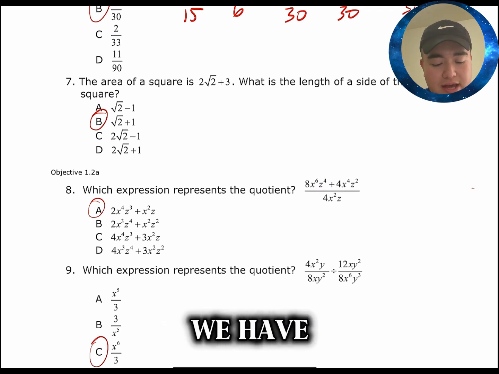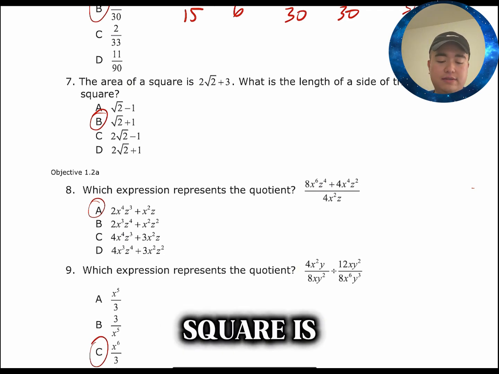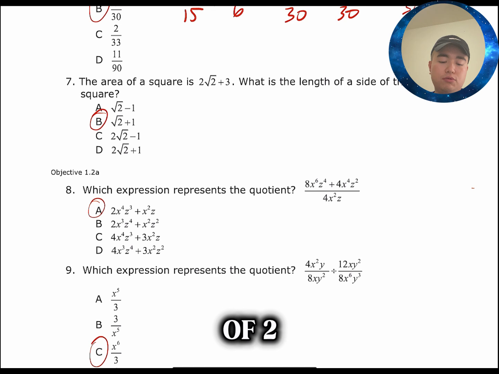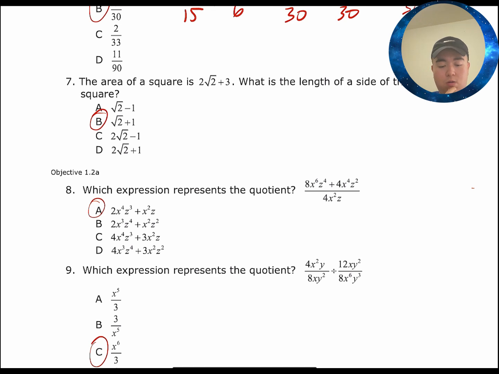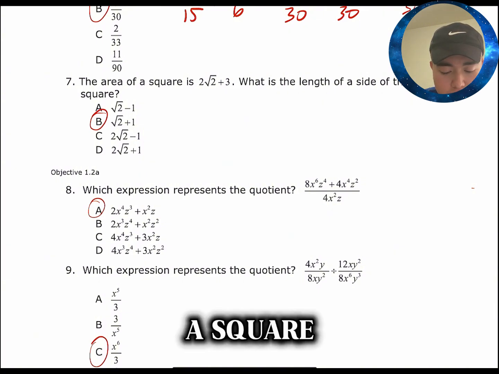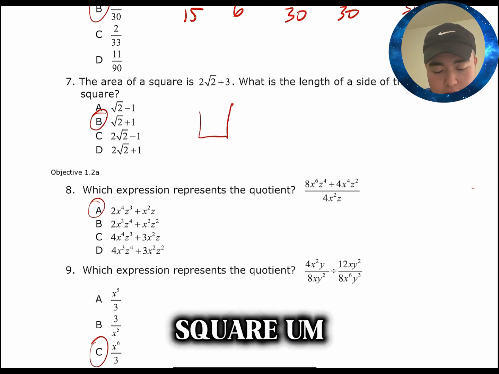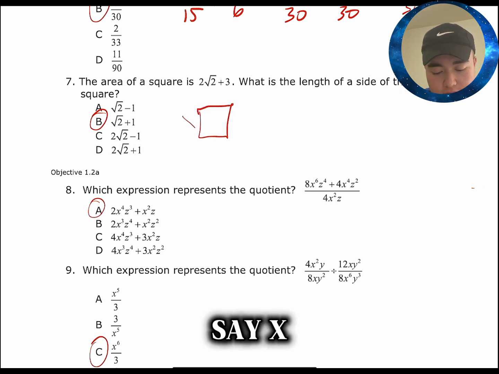Alright, number 7, we have the area of a square is 2 times square root of 2 plus 3. What is the length of a side of the square? So we have a square, let's say x and x.